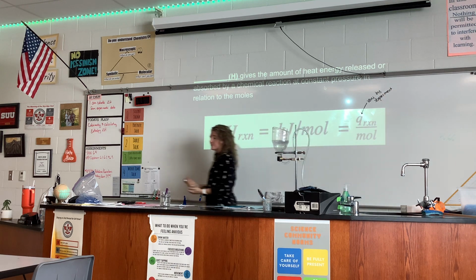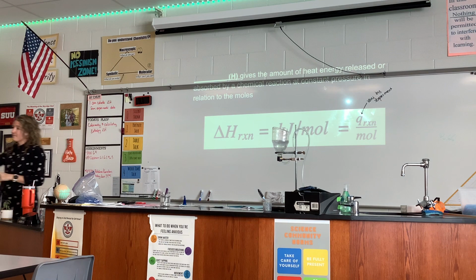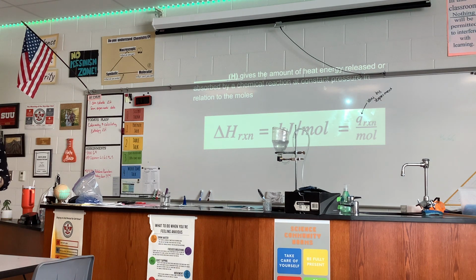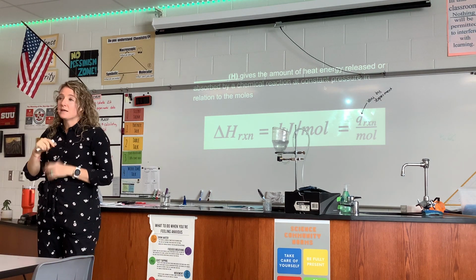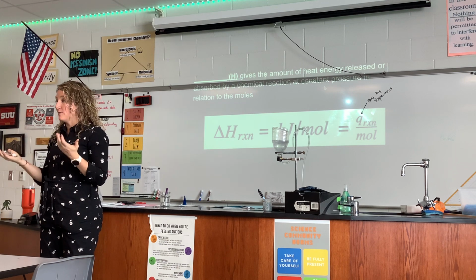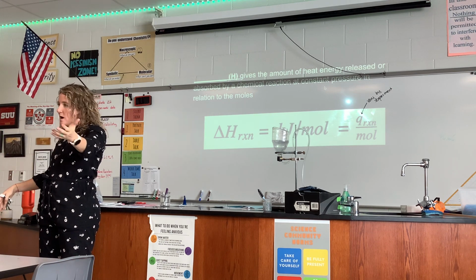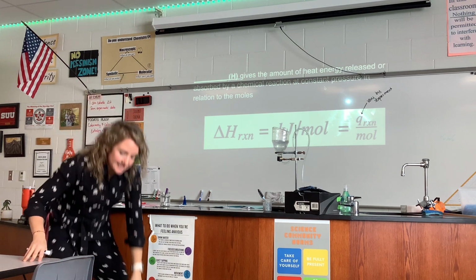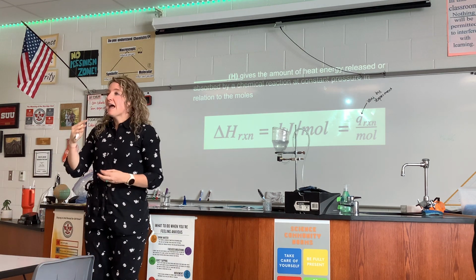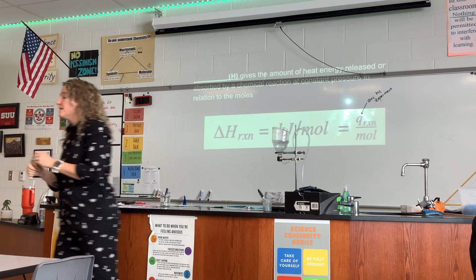We're going to do a calorimetry lab next week, and every single table is probably going to get a different Q value because you'll use a different amount of your substance. They might use 4.8 grams, you might use 5.1 grams, and that's going to change how much heat comes out.